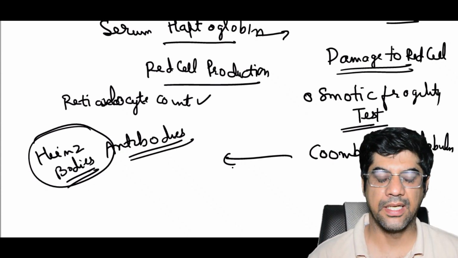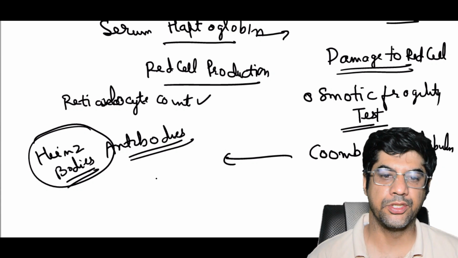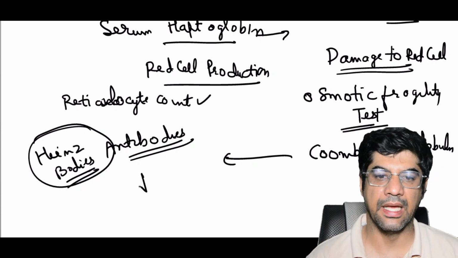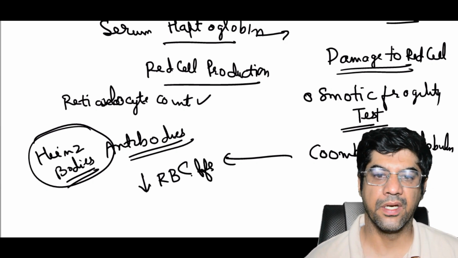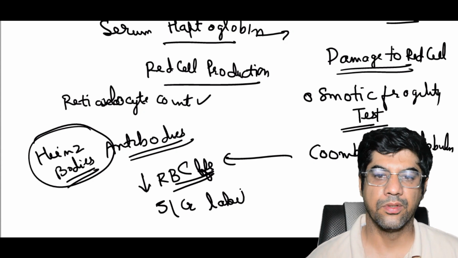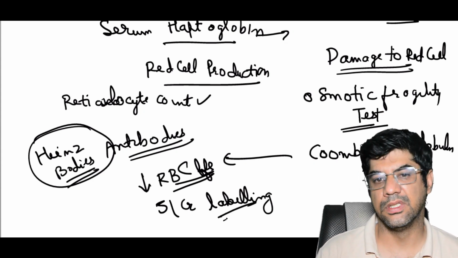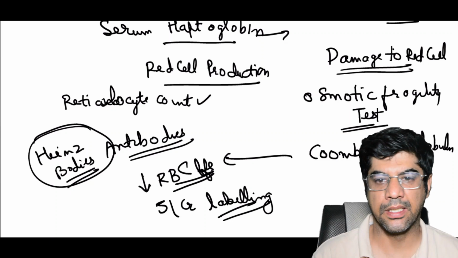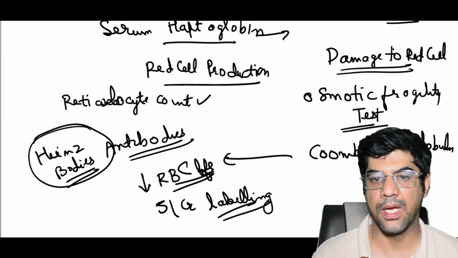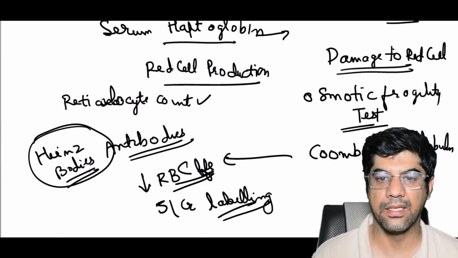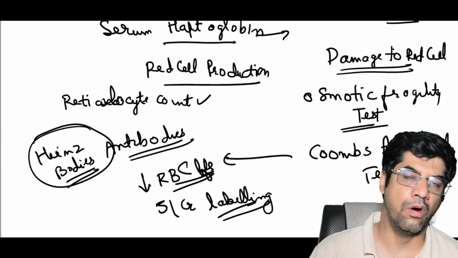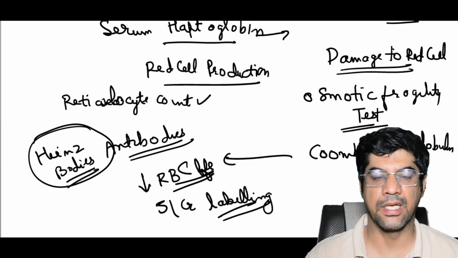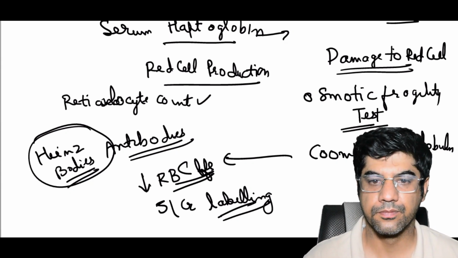Now the test that can be done to determine the shortened RBC lifespan is the 51 chromium labeling method. This test involves labeling the RBC with radioactive chromium and tracking their survival rate. So their normal lifespan of about 120 days is greatly reduced.